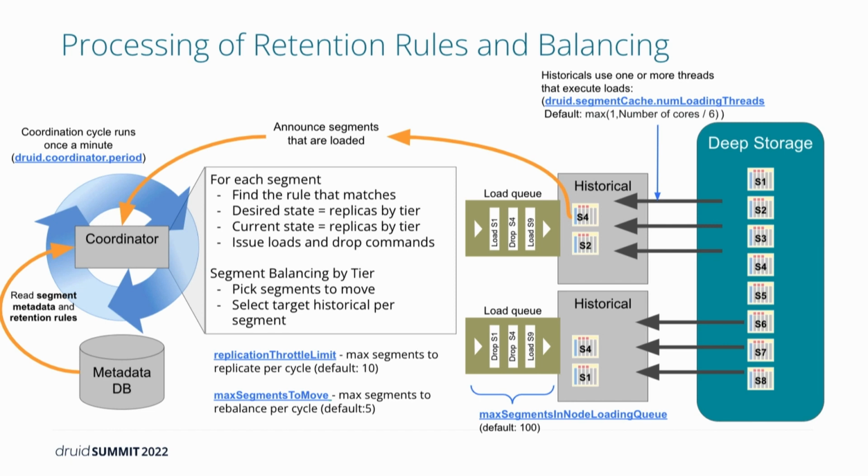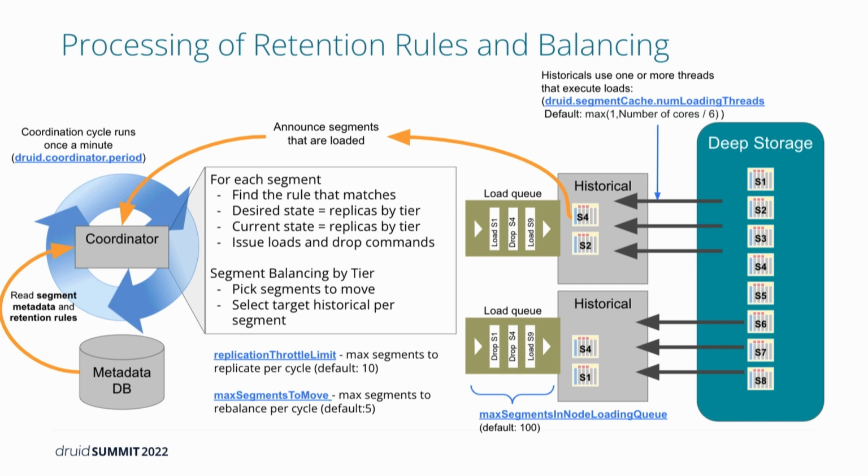The coordinator also does segment balancing by tier within this process. And the way it does that is it looks at the current state of the historicals, and it picks based on if storage of the segment cache in each of the historicals is out of balance.